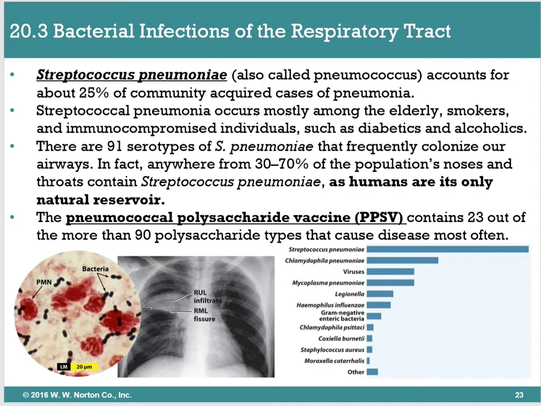There are multiple serotypes of S. pneumoniae, but it will always colonize within the airway. Just because we have different serotypes doesn't mean that it'll colonize outside of airways.